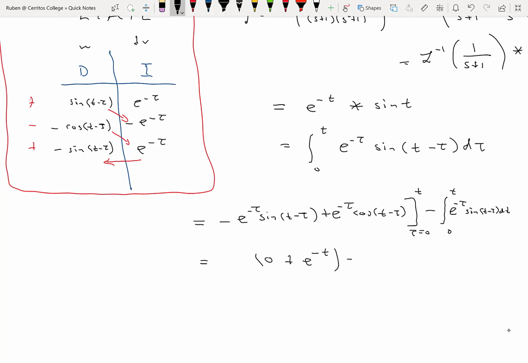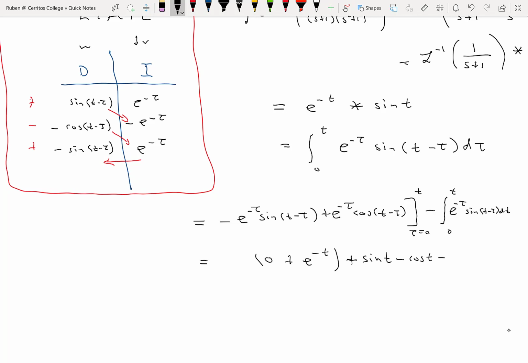If tau equals 0, the sine term is going to give us sine of t. The exponential factor, e to the 0 is 1, but we're subtracting that, so plus sine of t. Now from the cosine factor at tau equals 0, we get e to the 0 is 1, and a minus cosine of t, because we're subtracting the value of the antiderivative at the lower limit.